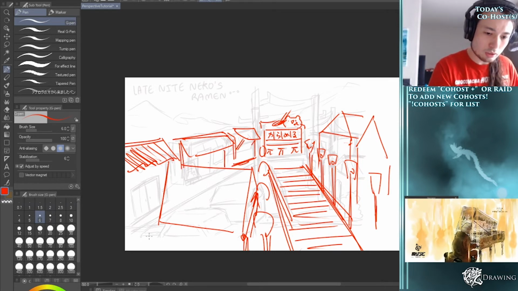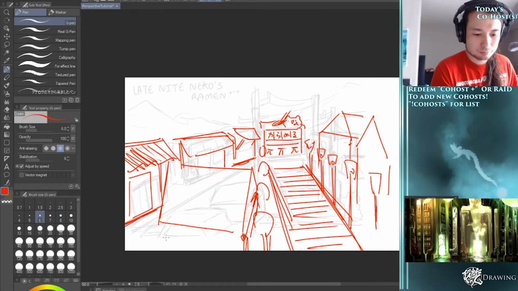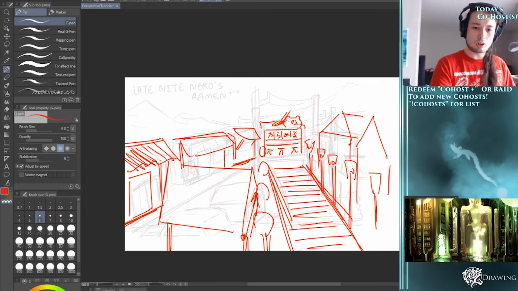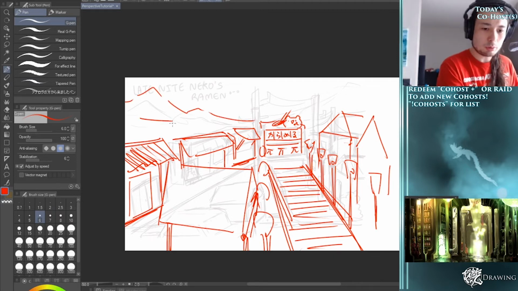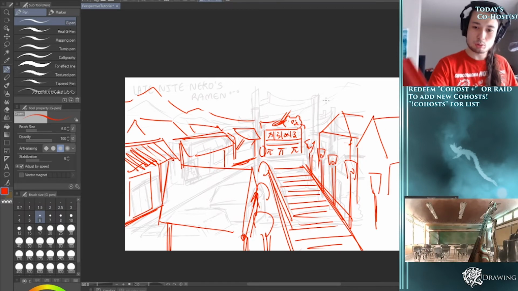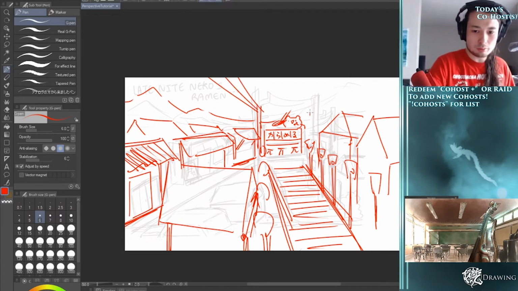Everything needs to push us in towards the ramen shop. Mountains are fine, they can stay that way. Maybe I'll put in a few more in the background even. But everything's gonna push us towards there, and then the power lines. Yeah, let's have them be above. You know, why not?